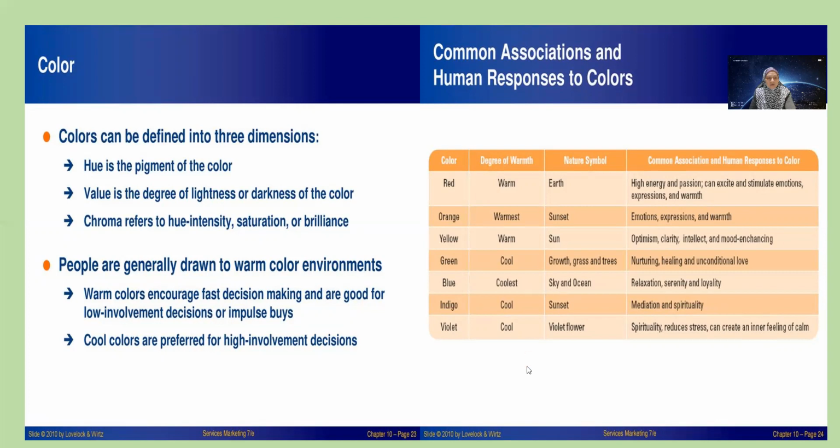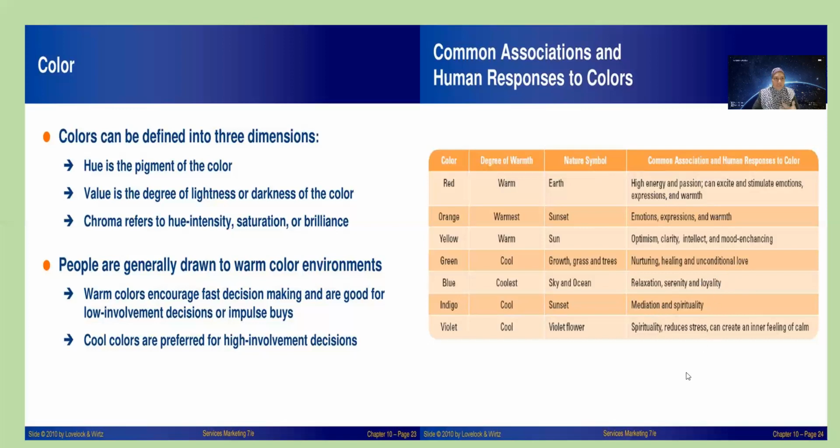Okay, since I'm sharing with you these common associations and human responses to colors, my advice is, if you go to any stores or any service areas, try to identify the color of the area with the nature symbol and the common association.